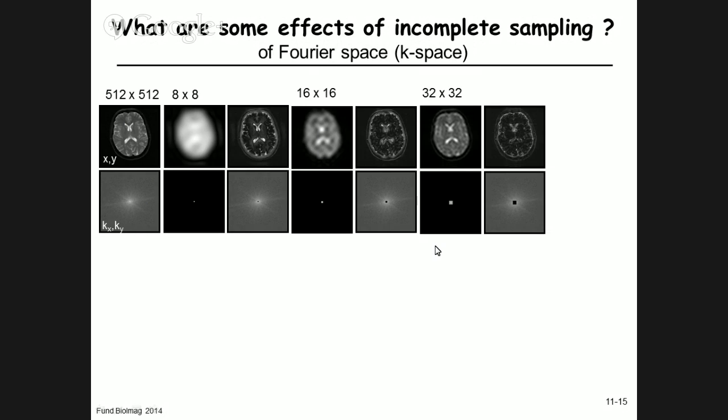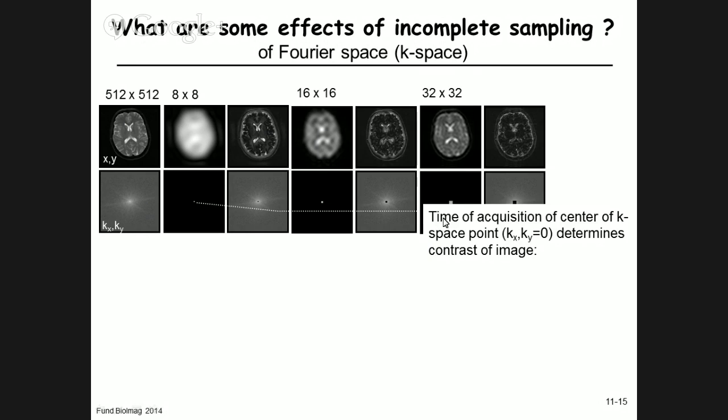This is 32 by 32. So this is the part that defines contrast. The outer points in K-space define the shape of the object, the resolution. That's actually an intrinsic property of the Fourier transformation.